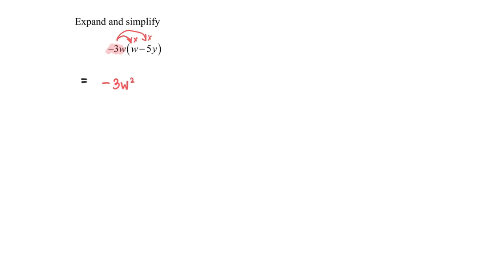Negative 3w multiplied by negative 5y. Negative multiplied by negative, positive. 3 times 5 is 15. w times y is wy. And we are done with this question. Let's move on to the next question.